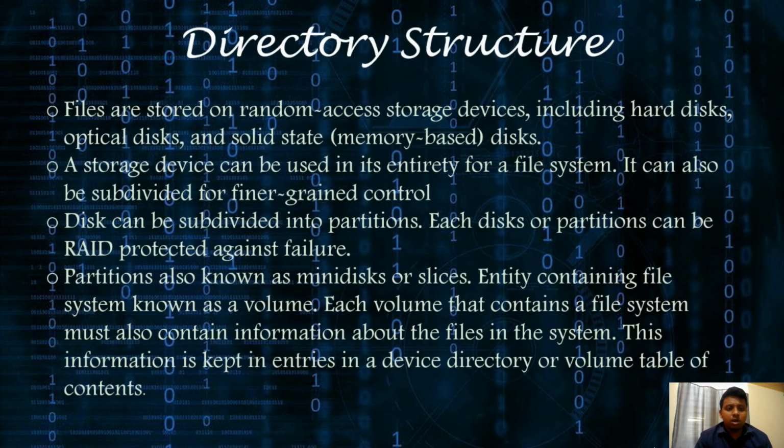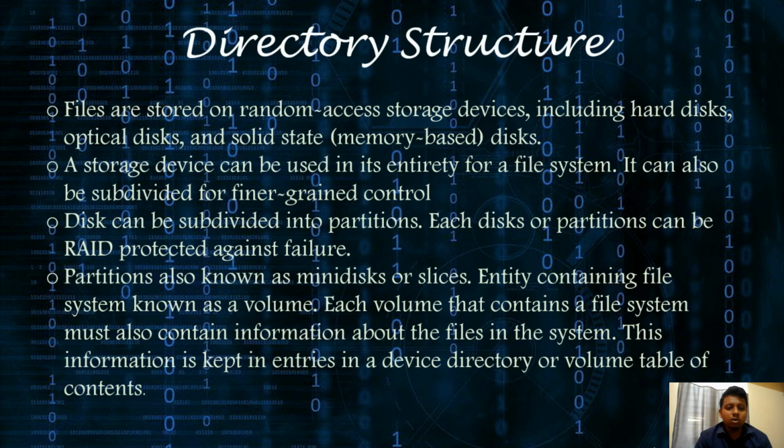Now let us move on to the directory structures. Files are stored on random access storage devices, including hard disk, optical disk, and solid state disk, that is memory based. A storage device can be used in its entirety for a file system.